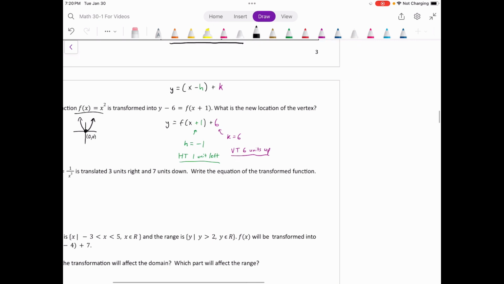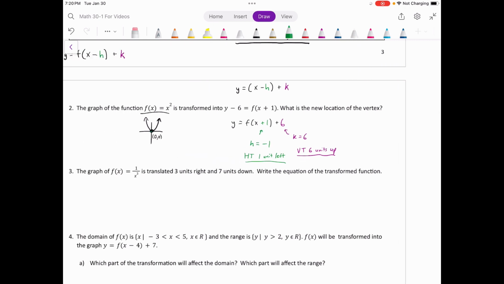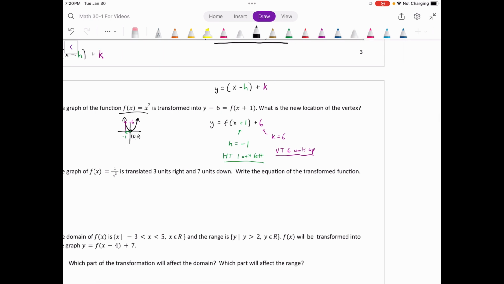So we've taken 0, 0, we've gone 1 left to negative 1, and then we've gone 6 up to positive 6. So where's our new vertex? It's going to be at negative 1, positive 6. And there we go. That's the location of the new vertex without having to graph anything there.